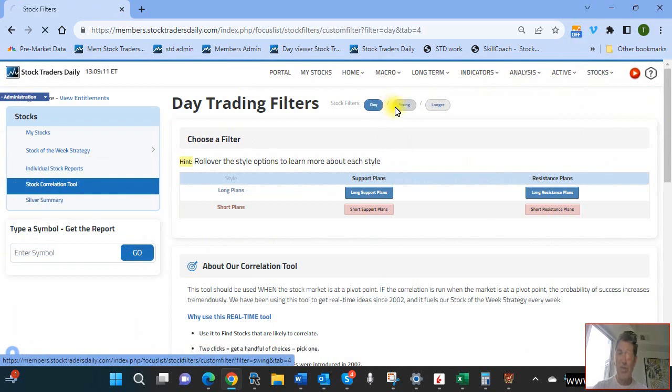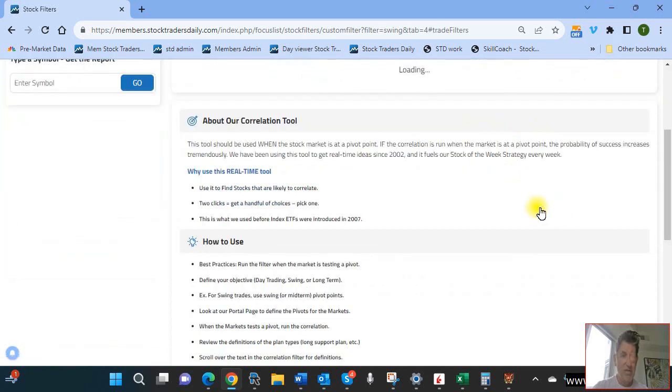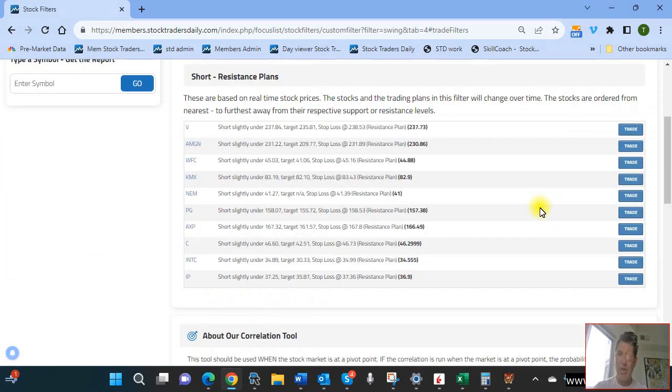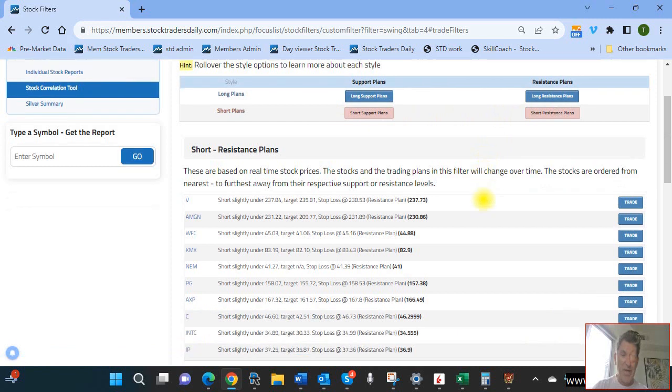Select swing trades if you're doing a swing trading objective, and take a look at some trading plans. You can select 4 different quadrants: long support plans, long resistance plans, short support plans, and short resistance plans.